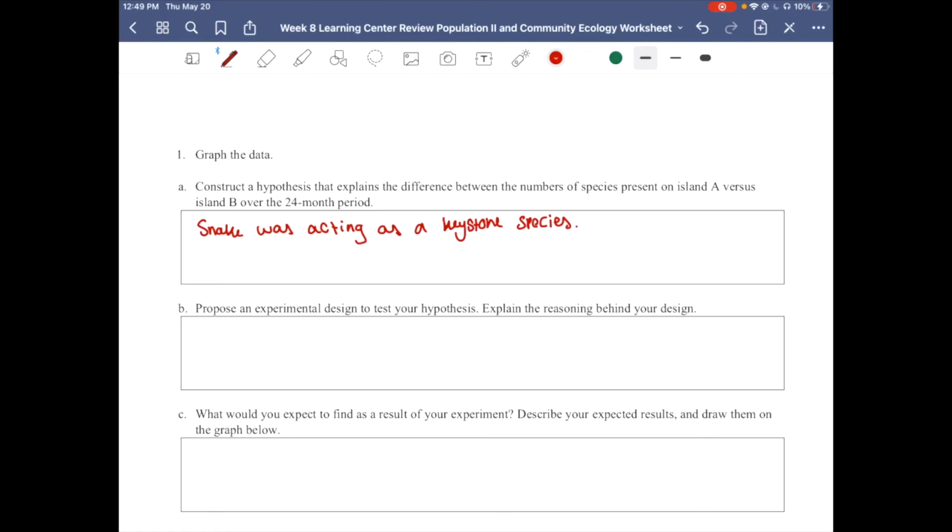And when it was removed, another predator dominated and drove many species to extinction. So the snake was acting as a keystone species, and when we removed it, another competitor or predator started dominating. And when they dominate, they tend to eat everything and drive species to extinction.